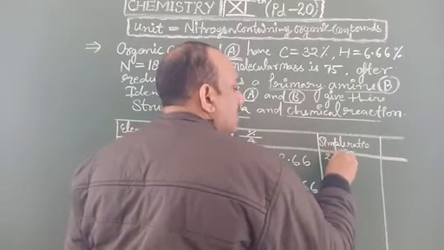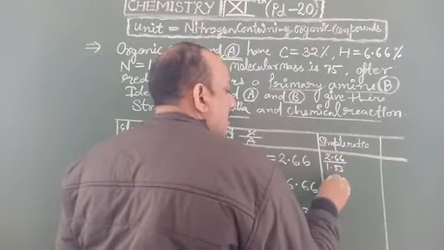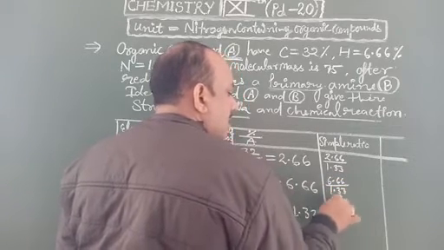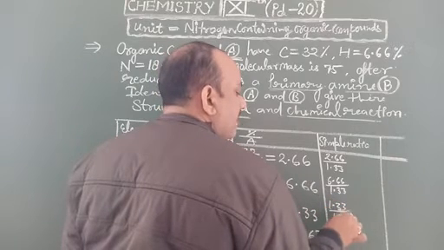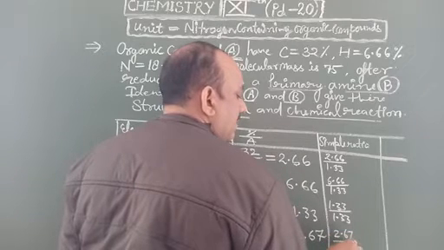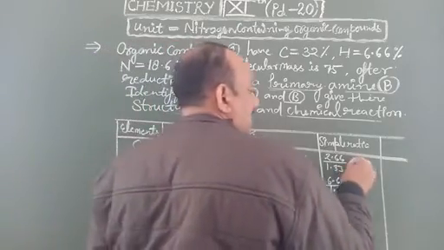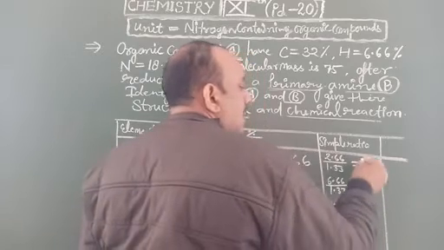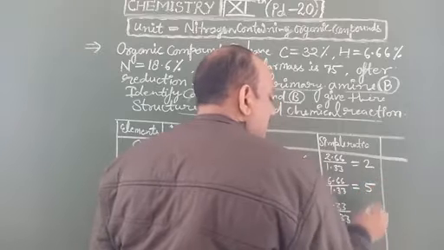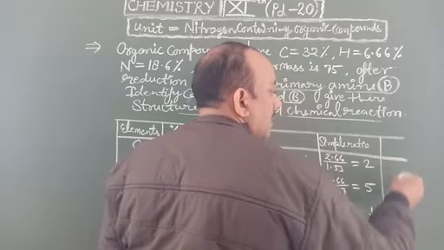So 2.66 divided by 1.33, 6.66 divided by 1.33, 1.33 divided by 1.33 and 2.67 divided by 1.33. And the exact numbers giving their moles are 2 for carbon, 5 for hydrogen, 1 for nitrogen and 2 for oxygen.